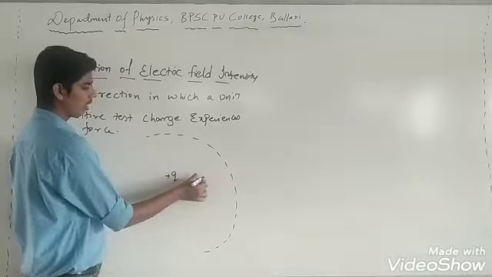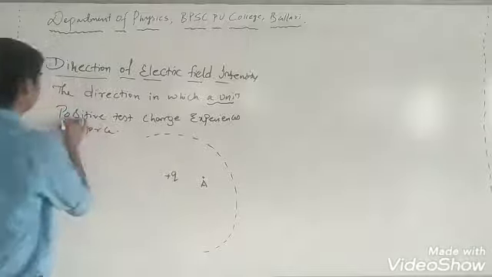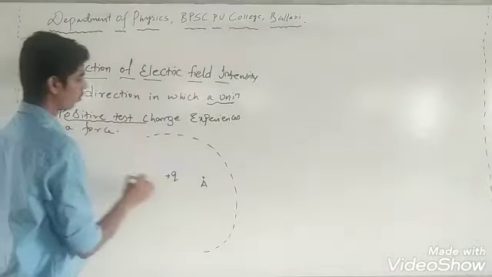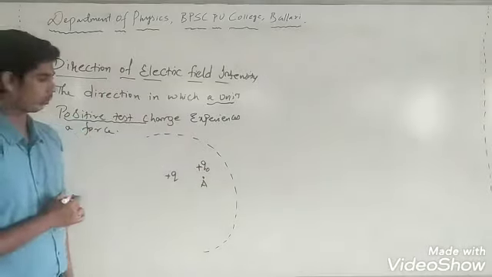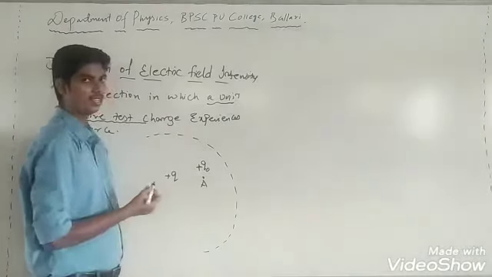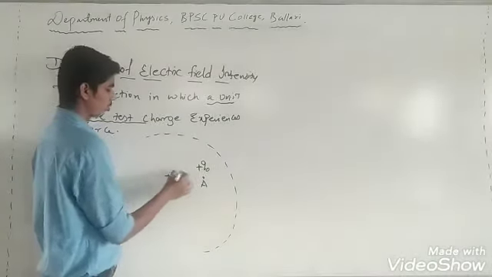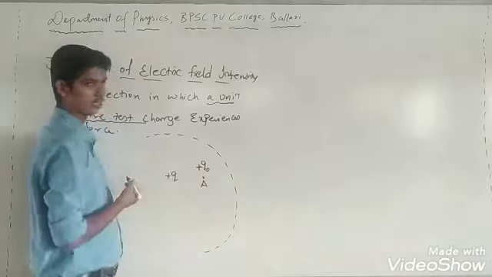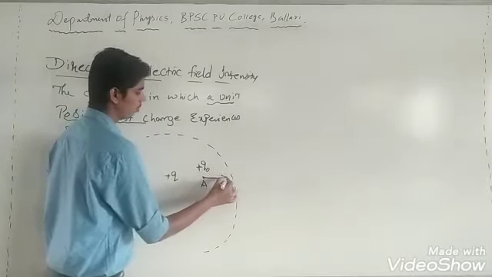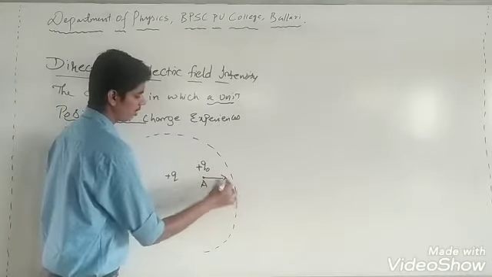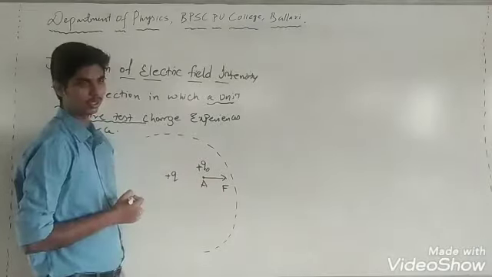To find the direction of electric field at point A, you need to place a unit positive test charge Q0 at this point and find the direction in which this test charge is going to experience the force. Since the source charge and the test charge are like charges, this test charge must experience a force of repulsion. So this is the direction in which a force is experienced by the test charge.